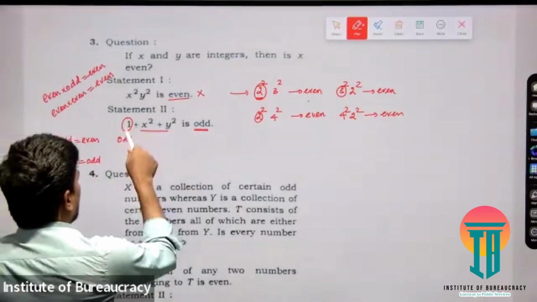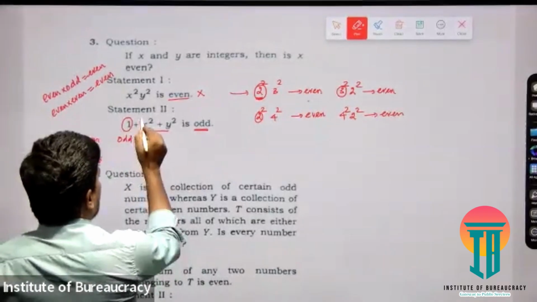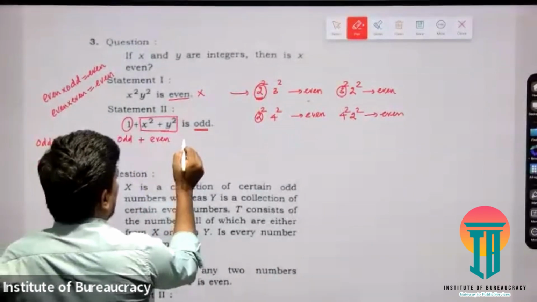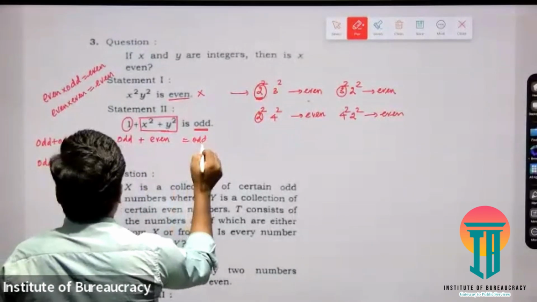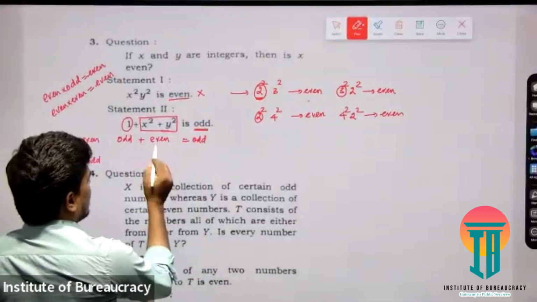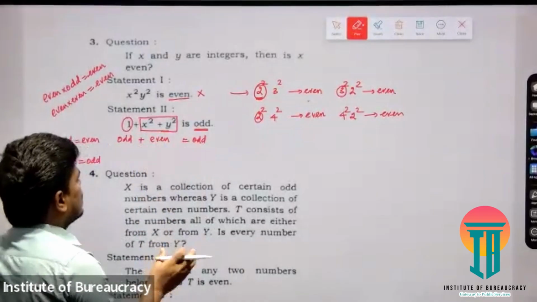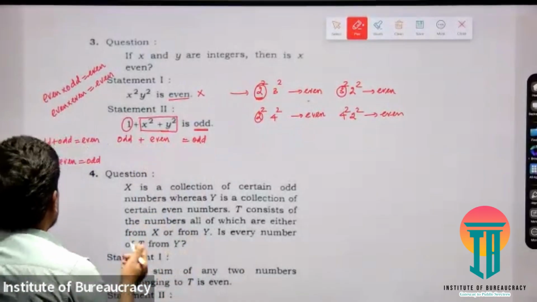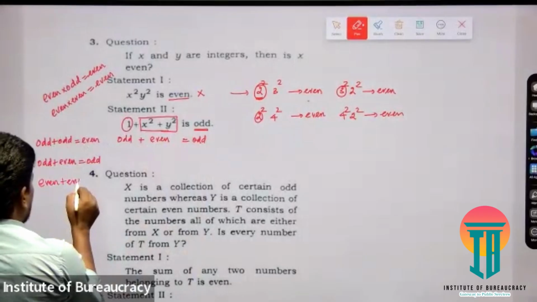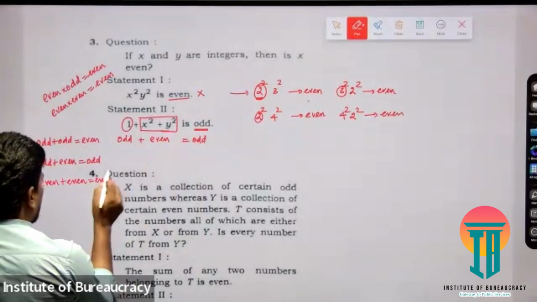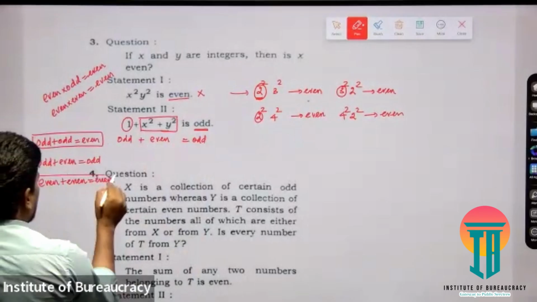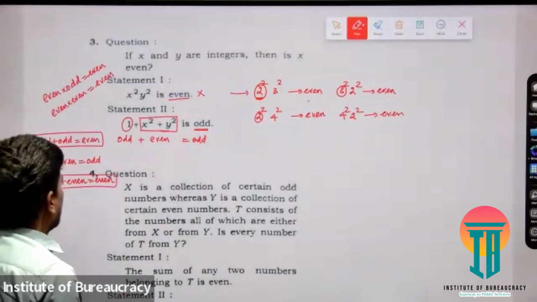So already they have given 1, an odd number. Therefore, x square plus y square has to be even. If we add two odd numbers or two even numbers, we get an even number: even plus even is even, odd plus odd is even.